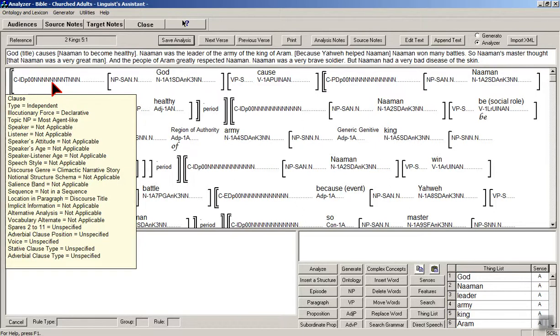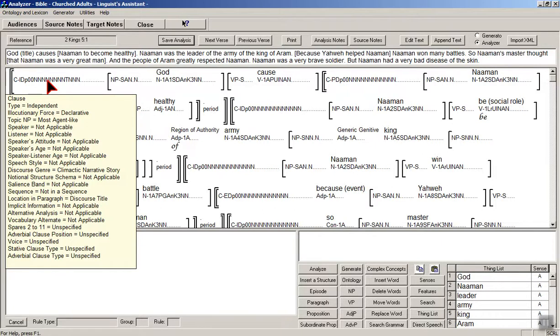If I hover the mouse over this list of letters to the right of the main clause boundary, the double left bracket, then I see it's an independent clause, declarative, and it's most agent-like, and if you look down farther, it says location and paragraph discourse title.